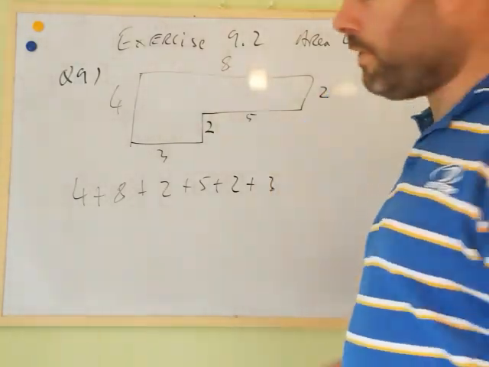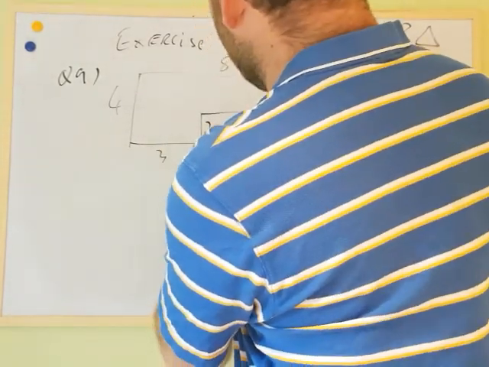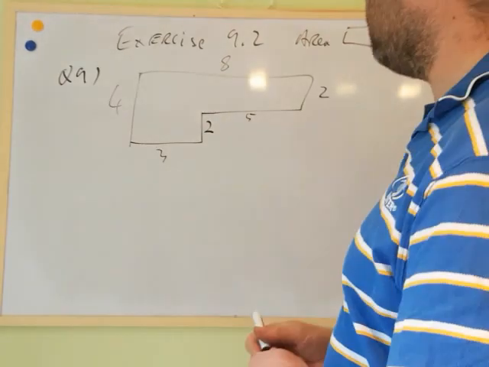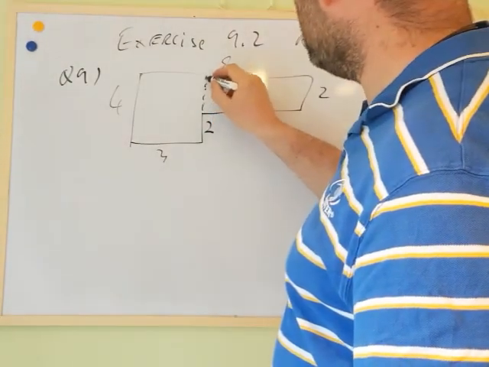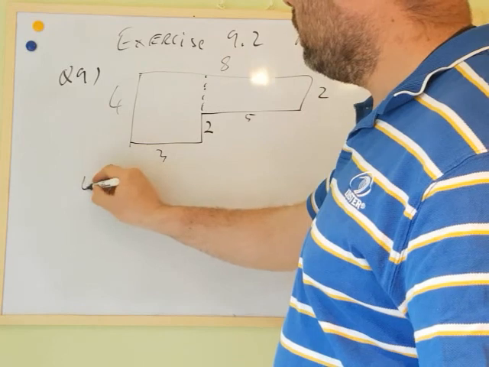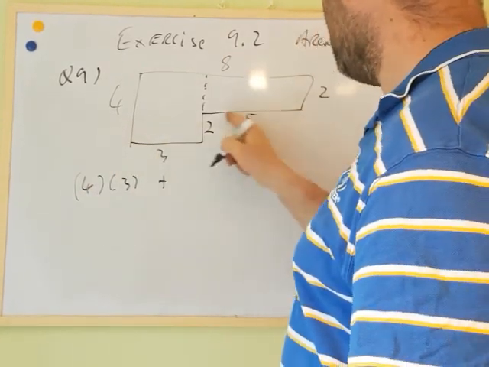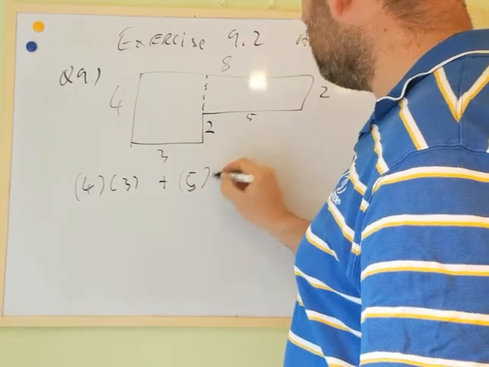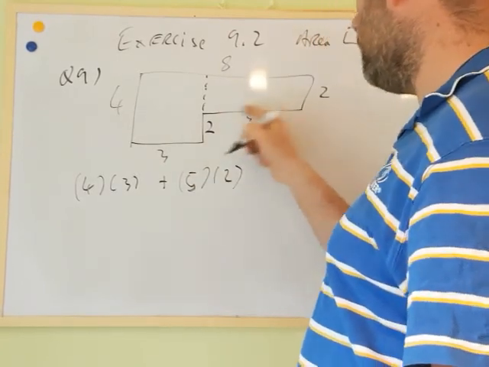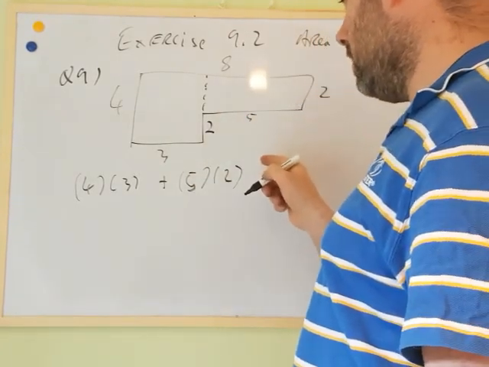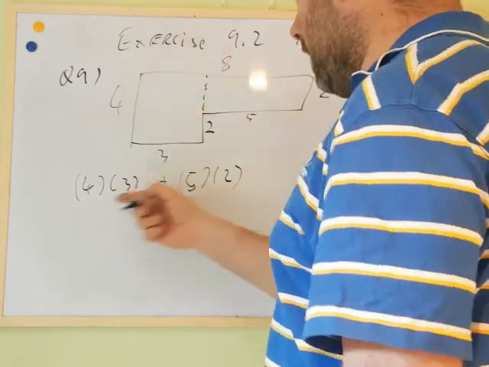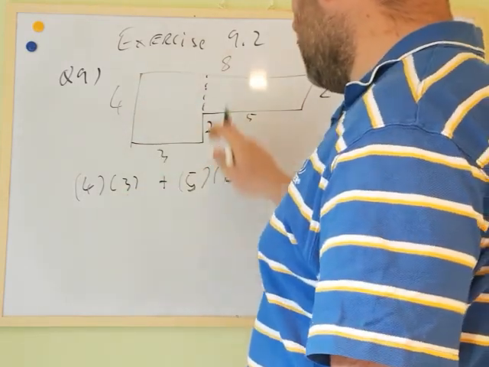Now, we're asked to find the area of this shape by dividing a rectangle into 2 separate rectangles. Well, if I draw a line here, I now have a 4 by 3 plus a 5 by 2. It's not 8, folks, it's 5. Okay? And now just multiply those two together and add the numbers.